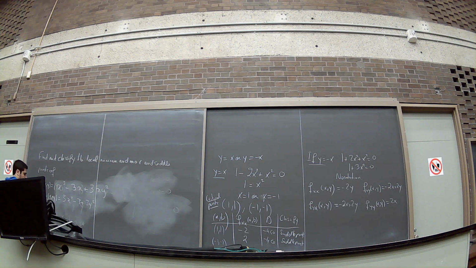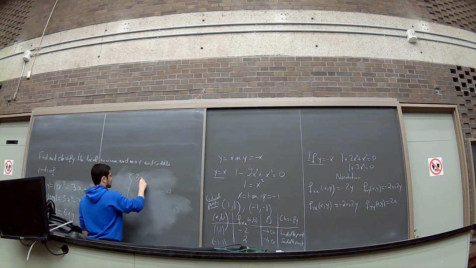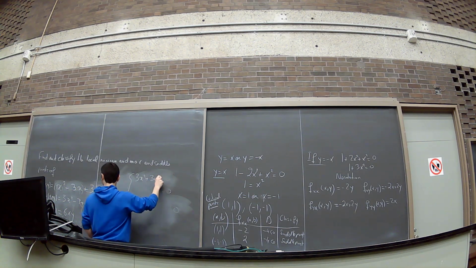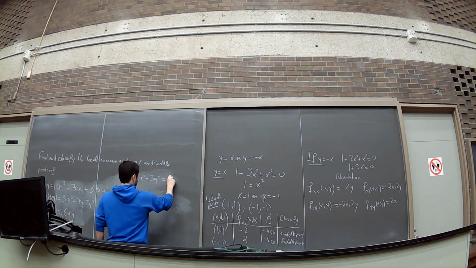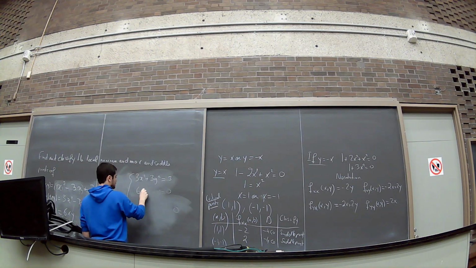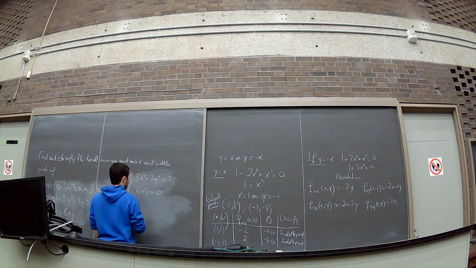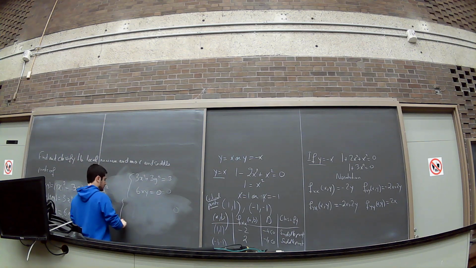And let's differentiate with respect to y. What do I get? I get 6xy. Right? Everybody? I want to solve both of these equal to 0. So I get 3x squared plus 3y squared is equal to 3, so x squared plus y squared is equal to 1. And 6xy is equal to 0.